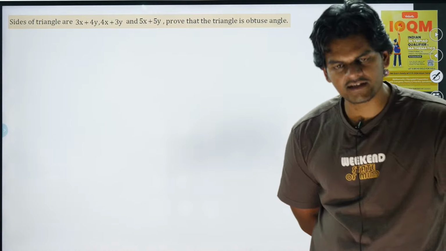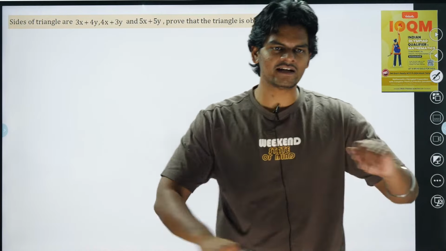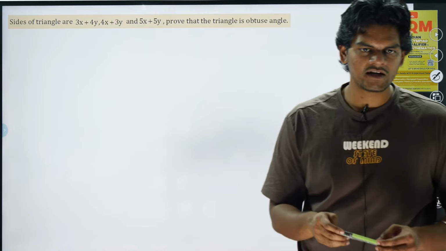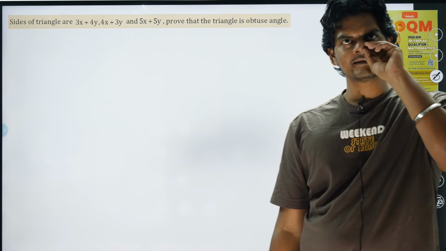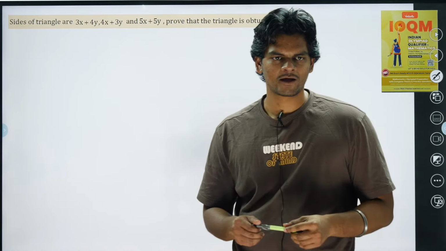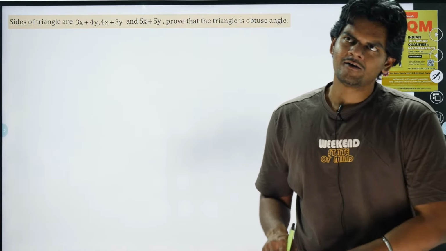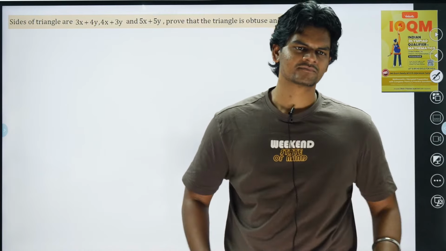If one angle is greater than 90, but in relation with sides, how can you say? How do we relate sides and angles in this case? Find the point of intersection and we can use the angle between the two lines and prove it. But I think you are using coordinate geometry for that. How do we do that? Can you try to use sine rule, cosine rule, something?